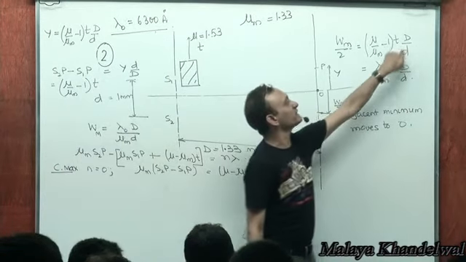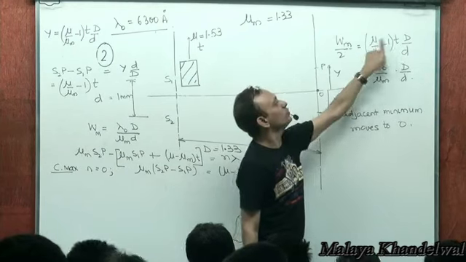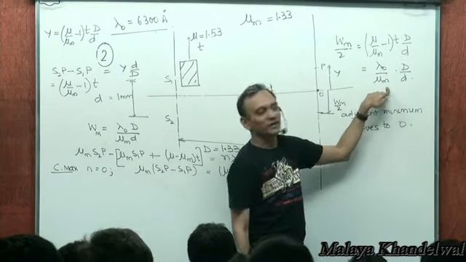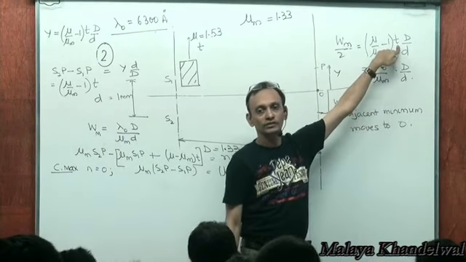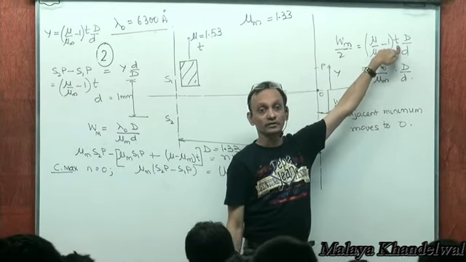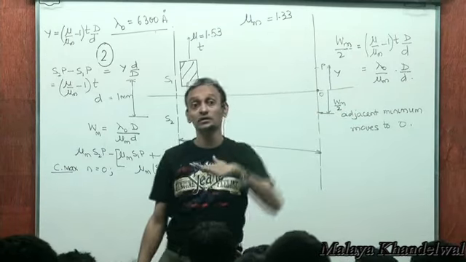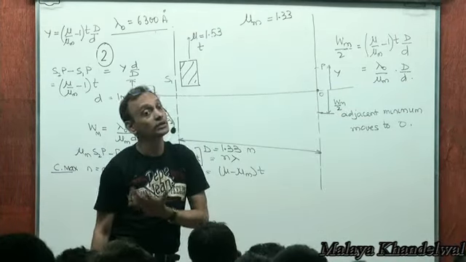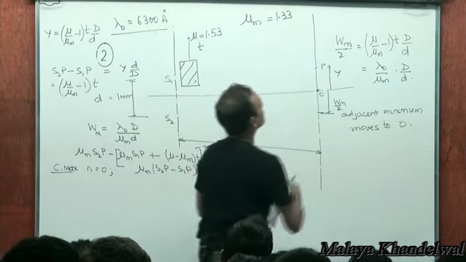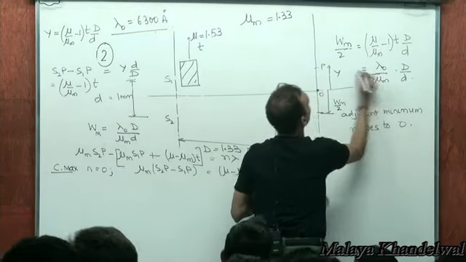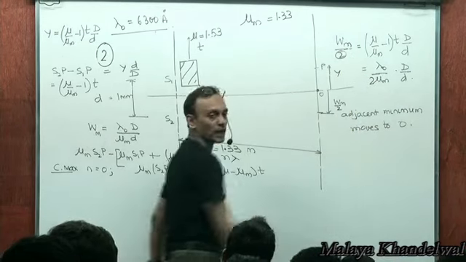Capital D by small d will conveniently get cancelled. Mu minus mu m into t, and this mu m in the denominator will get cancelled with this mu m in the denominator, and you can solve for t. The required thickness will bring the nearest minimum onto O. Sorry, by 2, yeah, this 2 I missed out. By 2, absolutely.